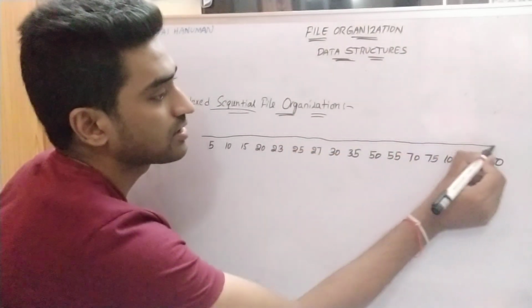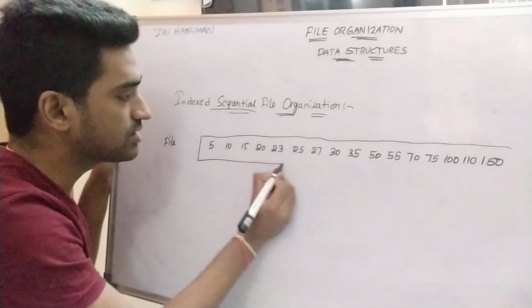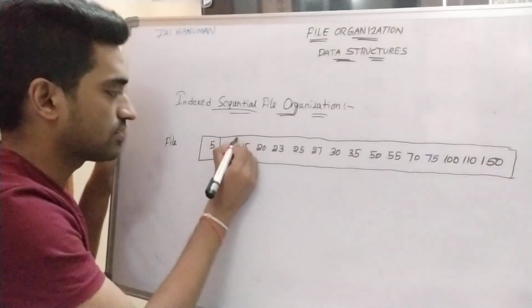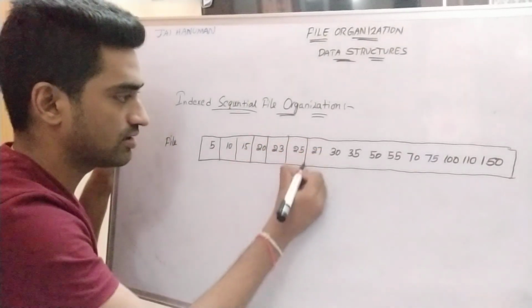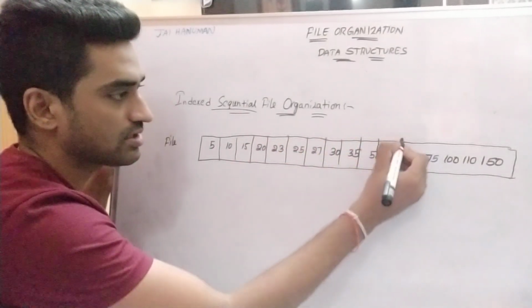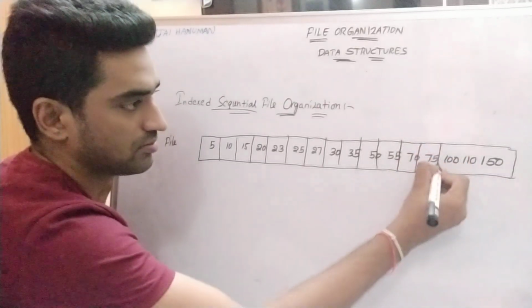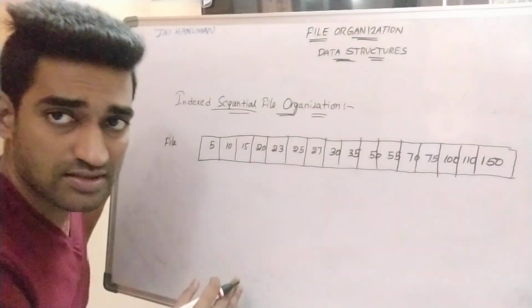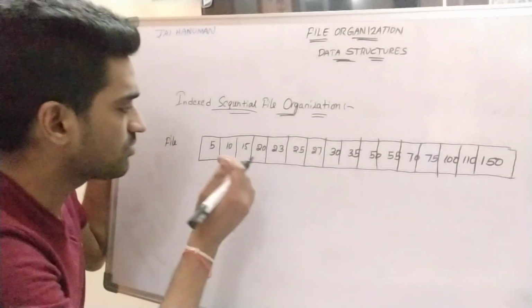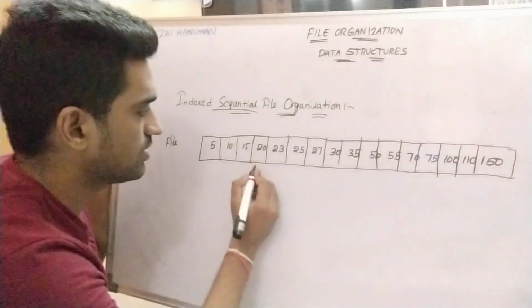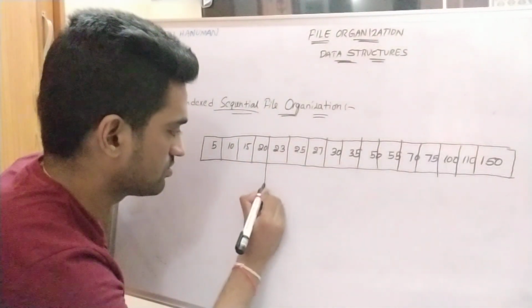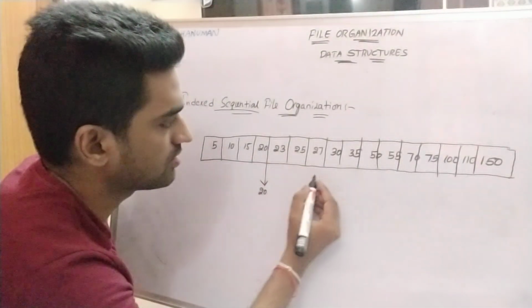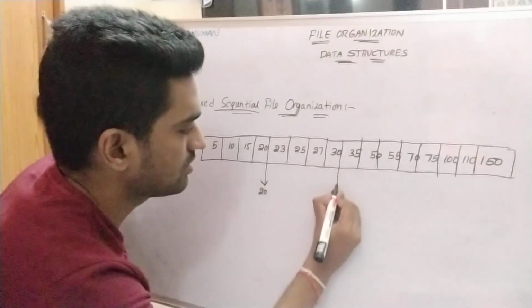All the records are arranged in a sequential manner. Then only we can apply indexed sequential file organization, right? So this is our records. First of all the records are arranged in a sequential manner. Then put some indexes at some positions, right? Here this is the lower index, and this is our higher index value.